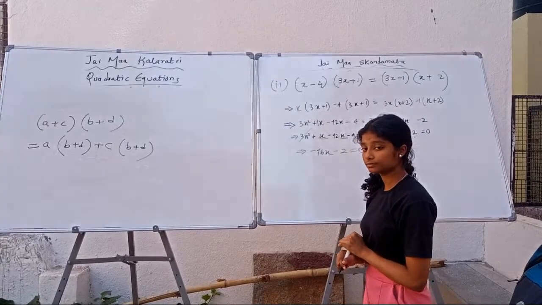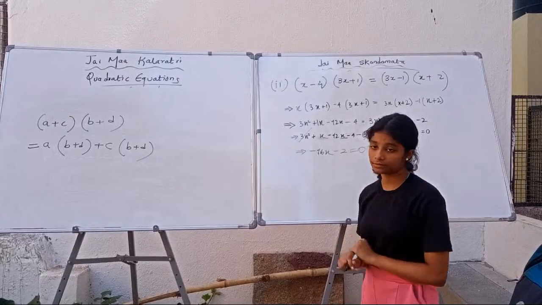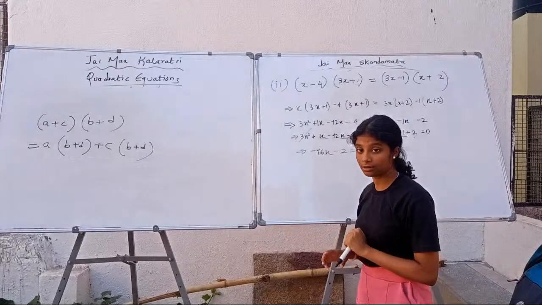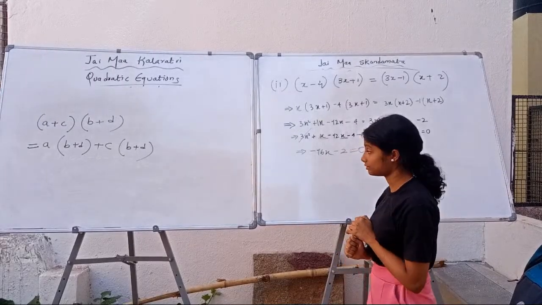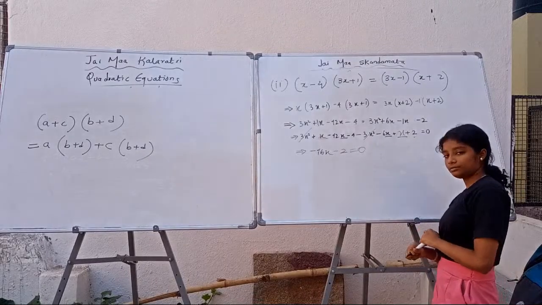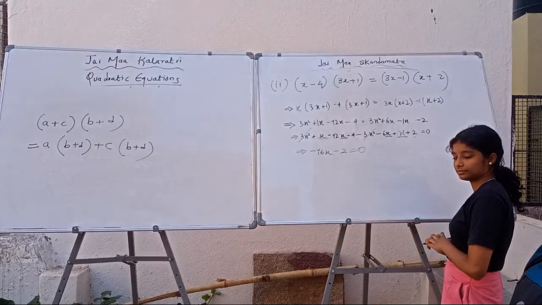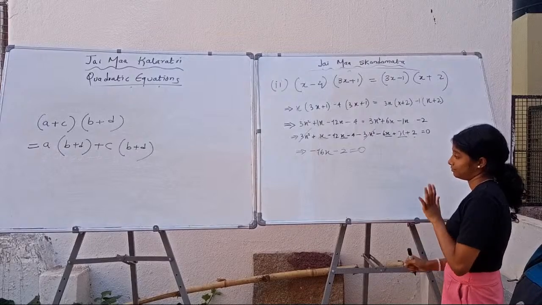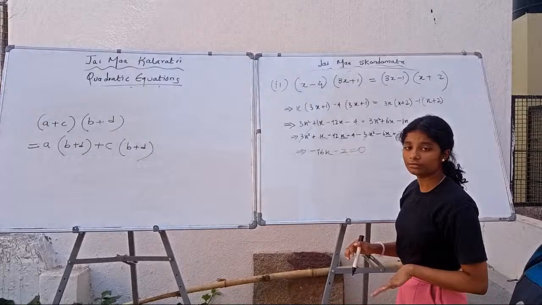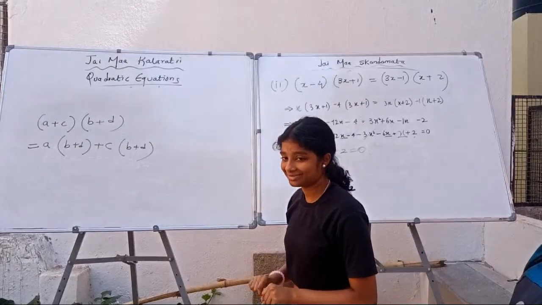Is this a quadratic equation? What is the equation? Ax square plus bx plus c is equal to 0. There is no x square, so not a quadratic equation.